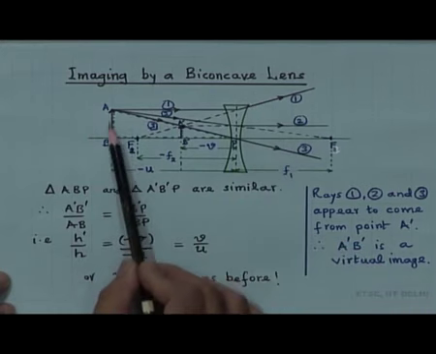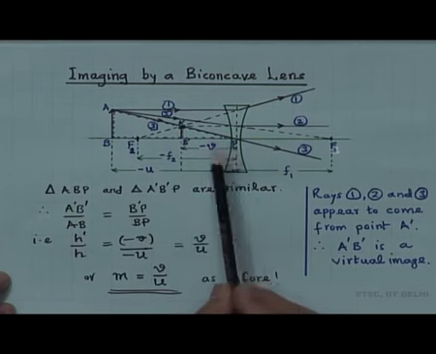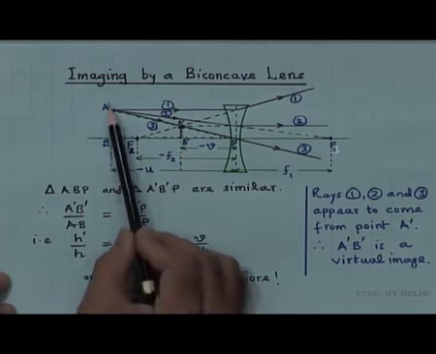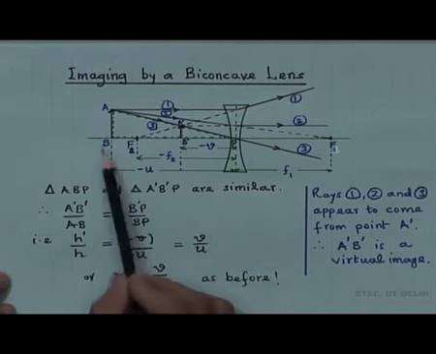Very quickly, if you look at the triangles ABP and A dash B dash P, they are equivalent triangles, and therefore A dash B dash by AB is equal to B dash P by BP.